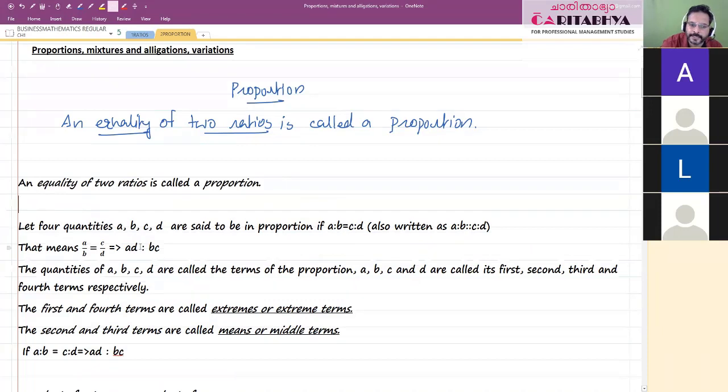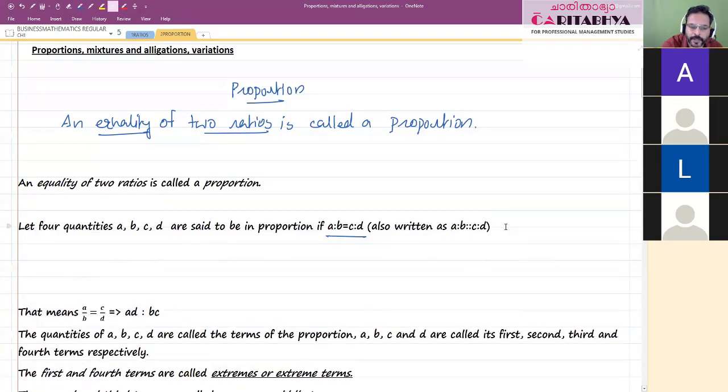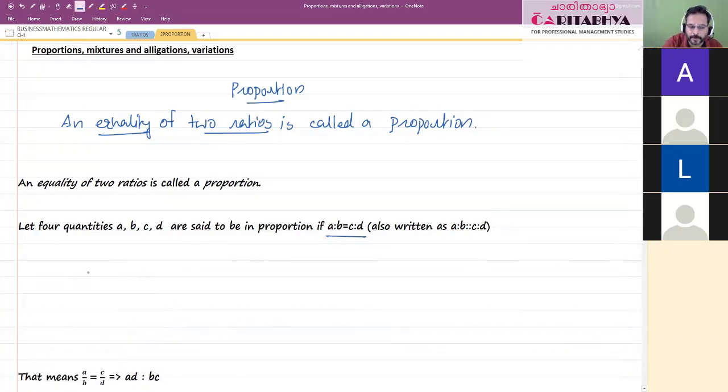Let four quantities A, B, C, D are said to be in proportion if A is to B is equal to C is to D. So നമുക്ക് രണ്ട് റേഷ്യോ ഈക്വൽ ആണെങ്കിൽ അതിനെ പ്രപ്പോർഷൻ എന്ന് പറയുന്നു. സോ A, B, C, D നാല് ക്വാണ്ടിറ്റീസ് ആർ said to be in proportion.